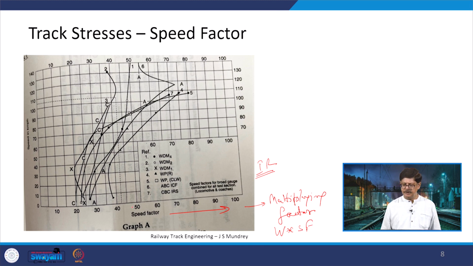If you are talking about 50, it means a 50% increase is going to be there, so the speed factor will be 1.5 in that case. That is an augmentation which will be there with respect to the static loading. Different curves have been given for different cases. As you can see here, this is given for WDM4, WDM2, WDM1 likewise. So, different such locomotives can be there for which these are provided, and in this case this is for a broad gauge track.